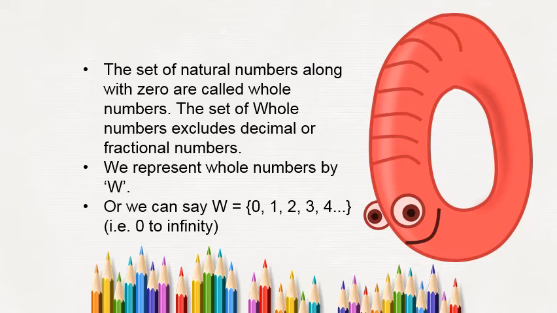Okay, so whole numbers we can represent with a capital W. So the difference between whole numbers and natural numbers: whole numbers start with 0. Natural numbers start with 1.